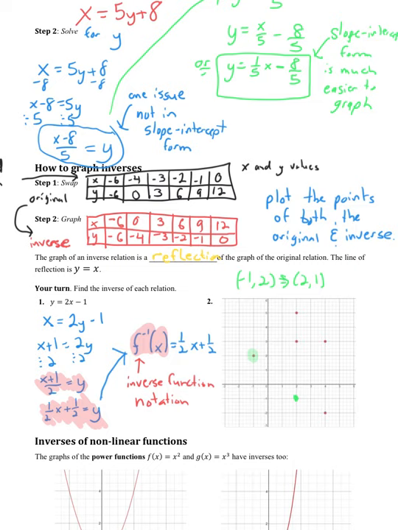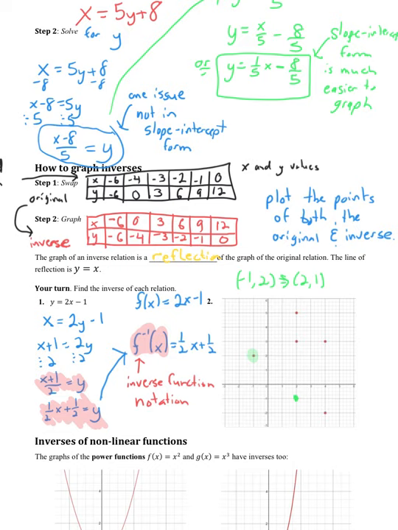We want to be able to write things like that because when we're dealing with x and y and 2 different equations, we want to distinguish the equations. So you can say the original equation, f of x, is 2x minus 1. Its inverse, f inverse of x, is 1/2 x plus 1/2.